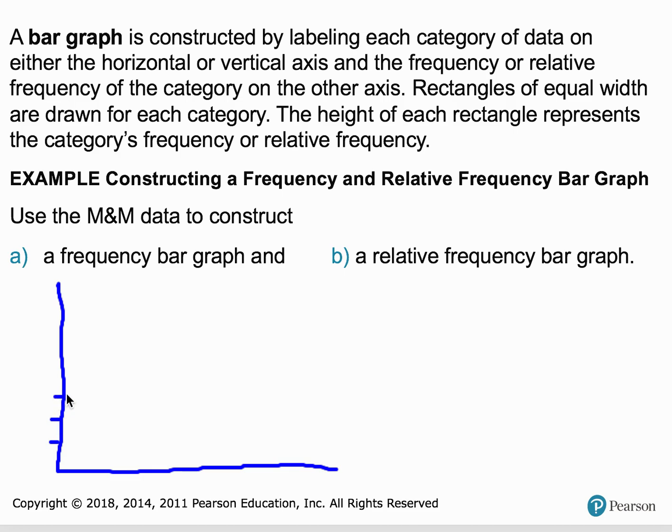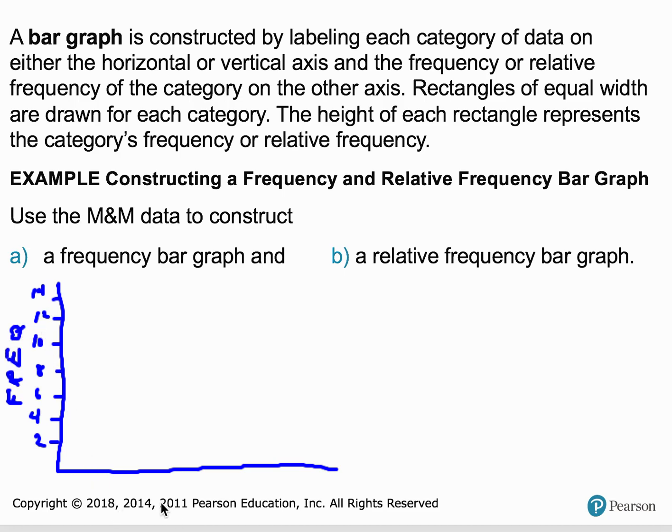2, 4, 6, 8, 10, 12, 14. Okay. And this vertical column is always labeled frequency. Always labeled frequency.